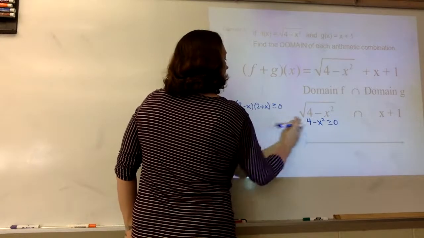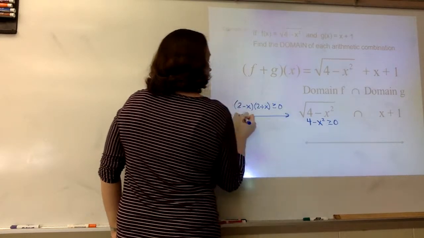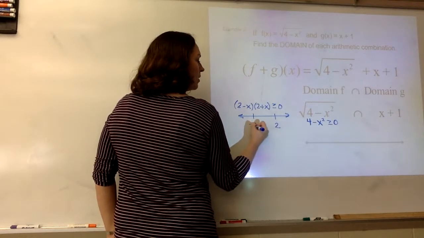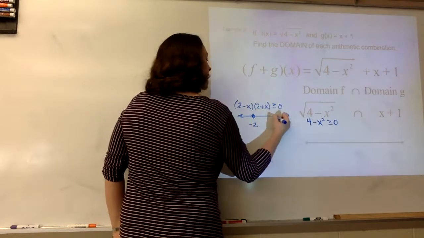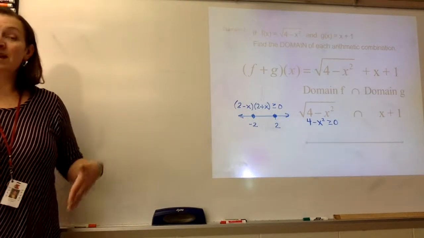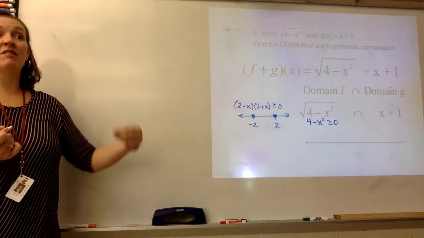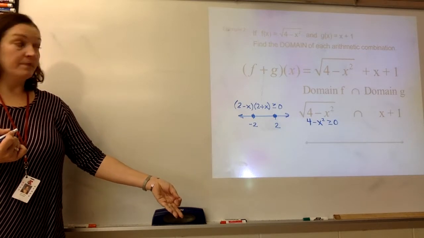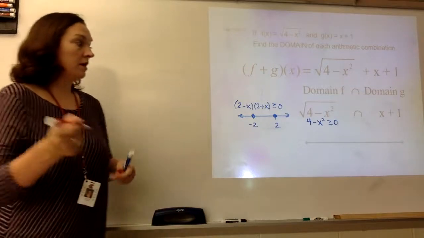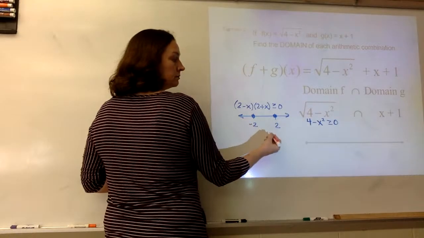So on my number line, I've got two critical values, one at 2, one at -2, that are solid circles. Now notice this is not like denominators where I'm eliminating them. I'm actually stating that they are solutions. What number would you like to check? Give me a number. 3.